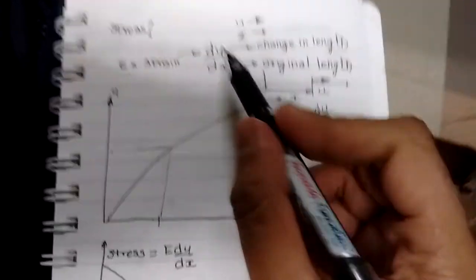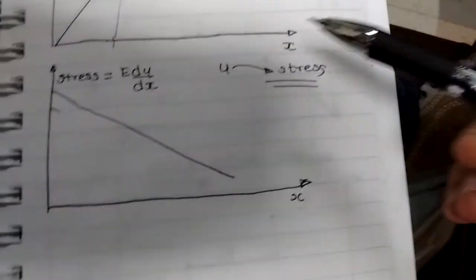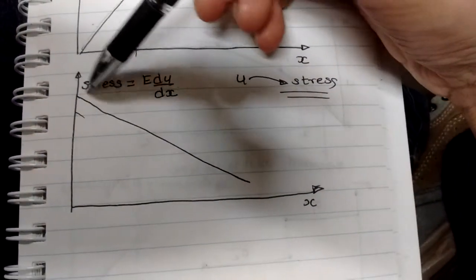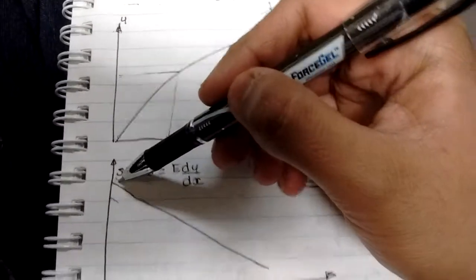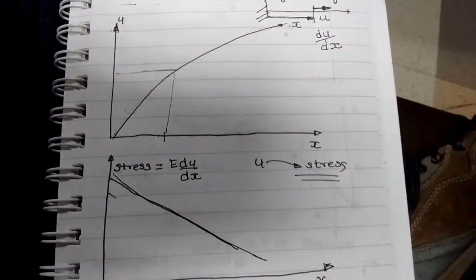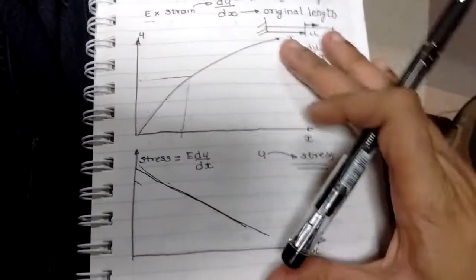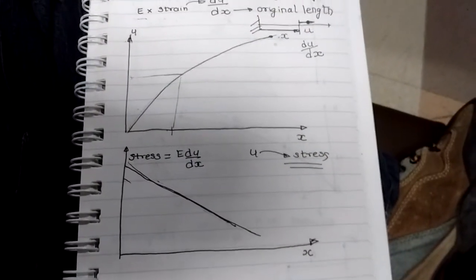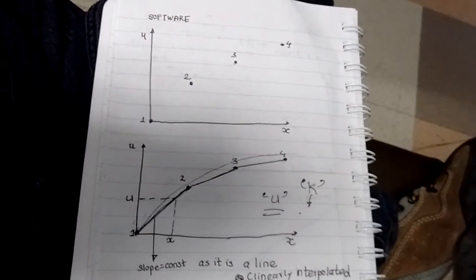Now using the above formula, if we try to calculate the stress, assume that the stress graph would be somewhat like this. As the slope is gradually decreasing, assume that it's linear and gradually decreasing. So this is the graph of stress. This is the exact solution, not the solution we get from FEM, but the exact solution we are expected to get. Now we'll see what is the problem in FEM.